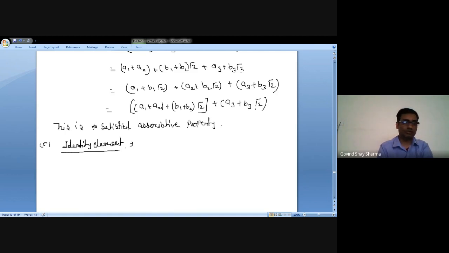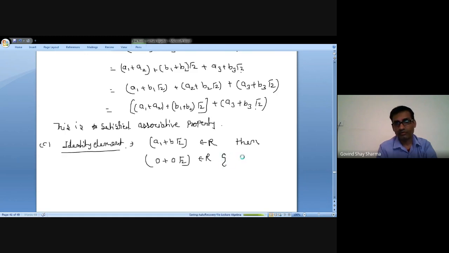Identity element means if A plus B root 2 belongs to R, then 0 plus 0 root 2 also belongs to R, because A and B belong to I, the set of integers. So 0 also belongs to I, so we can take A equal to 0 and B equal to 0.